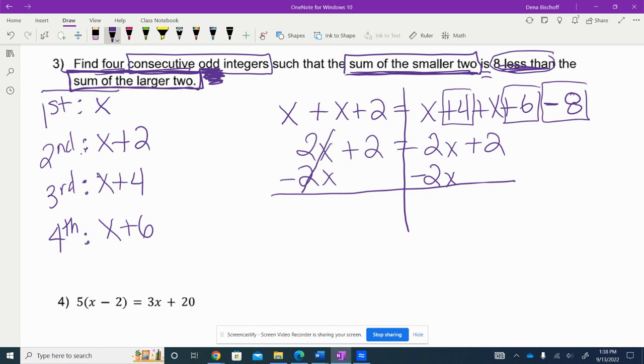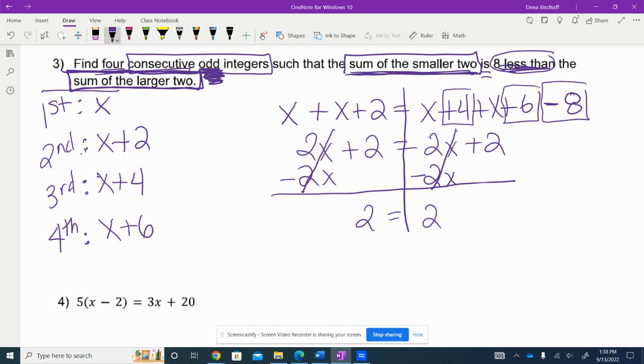What happens to the variable terms? 2x minus 2x is no x, right? It's 0. So I'm left with 2 equals 2. I don't have any variables. I don't have anything that says x equals.